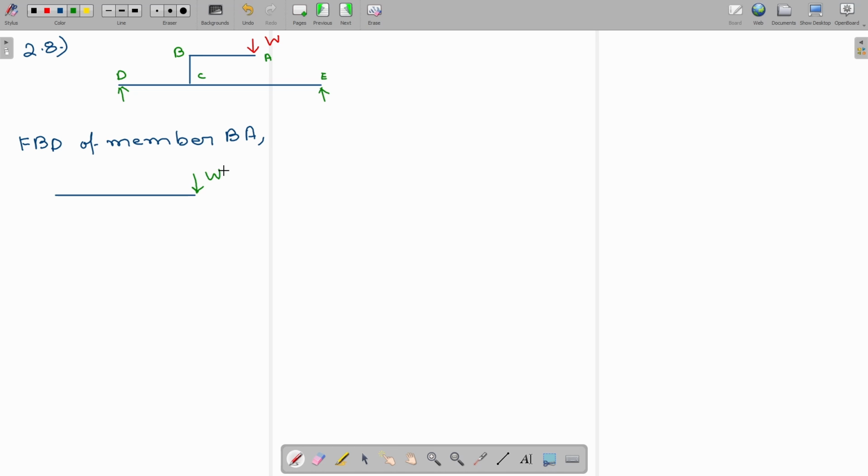So the reaction W. When the load W is acting like this, this point is B, this point is A. The moment is actually taking place in the clockwise direction. Therefore, at the end B, a counterclockwise moment will be acting like this. This is the counterclockwise moment or anti-clockwise moment.